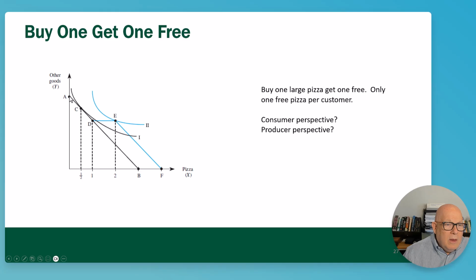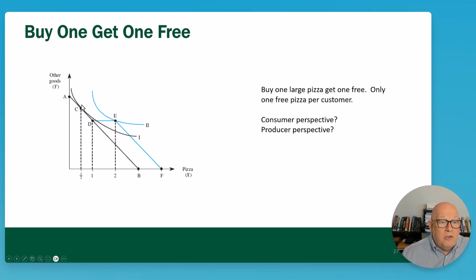Points A through D stay the same, but then instead of giving them one pizza here, if they buy a large one, we're going to let them have a free one. Then the budget curve is going to have a straight line going out to the right, and then it's going to continue. So the budget curve goes from A to C to E, and then to F. So it's a jagged budget line.